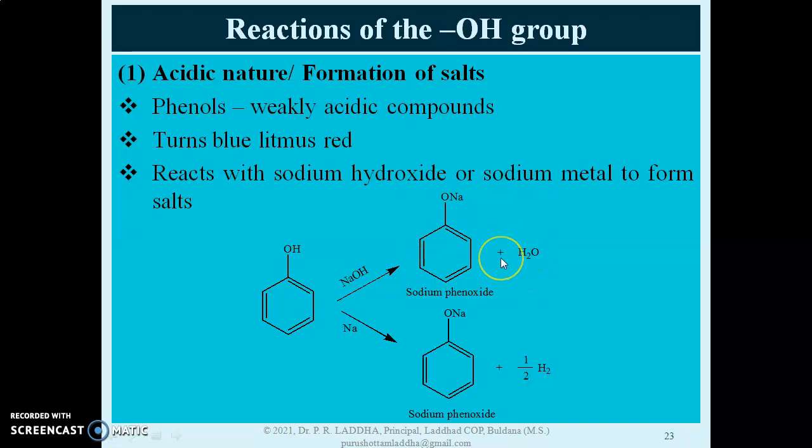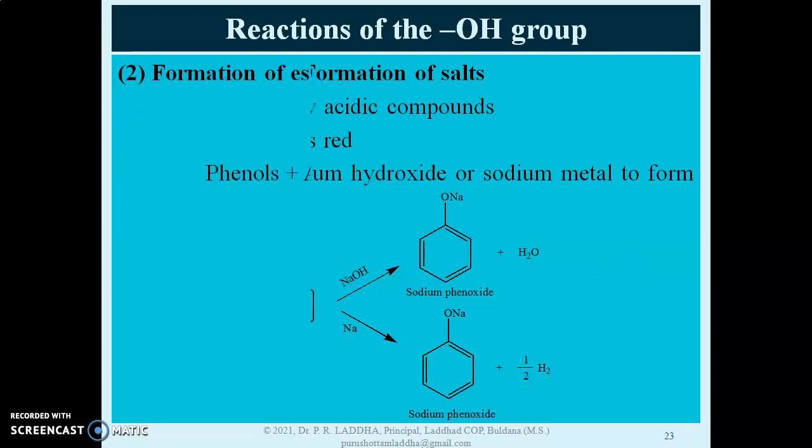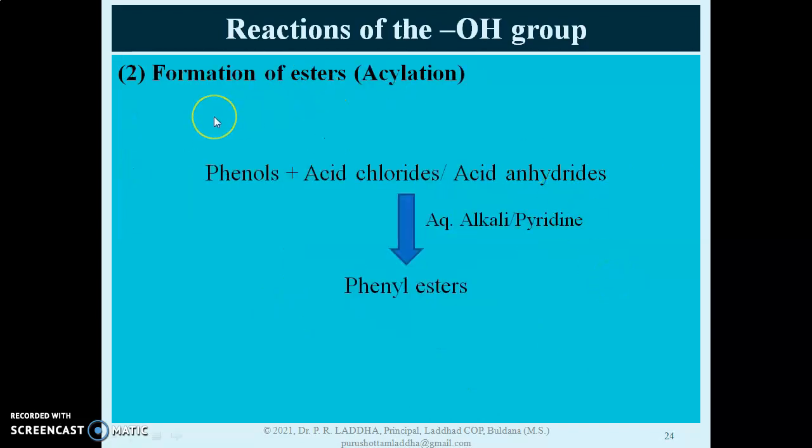This also proves the acidic nature of phenol, and when it is treated with sodium metal, that again gives sodium phenoxide along with the liberation of hydrogen gas. Both these reactions prove the acidic nature of phenol. Then the second reaction, which again involves the hydroxyl group, is formation of ester.